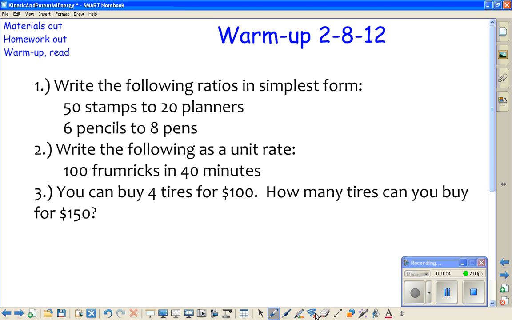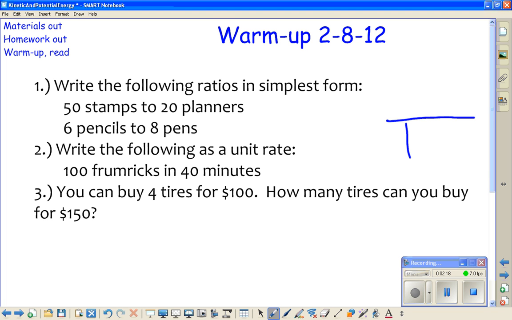It might not always have time, but sometimes it has time. Denominator? What's special about the denominator, Alex? In the unit rate, it's always what? One. Remember that? Unit rate, denominator is always 1.